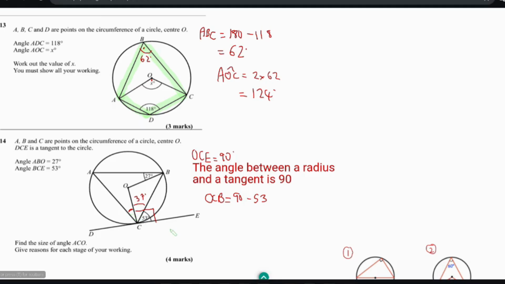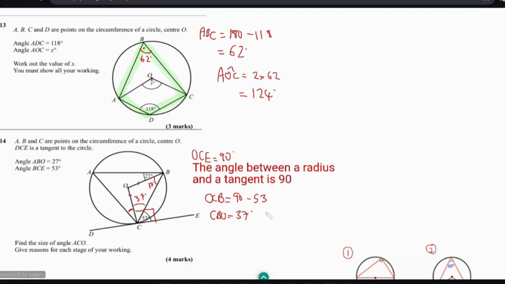Right, we have got an isosceles triangle here. We've got not a theorem, got a radius and a radius. So that's 37. So CBO equals 37.